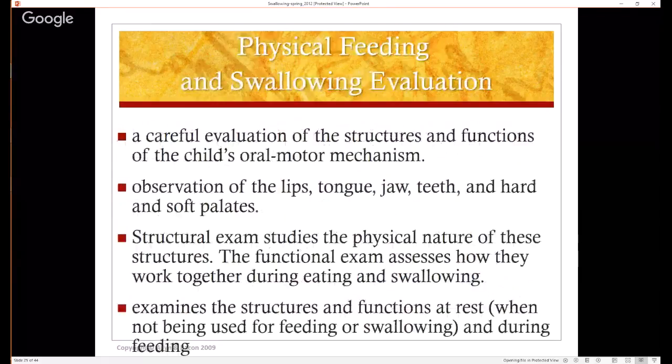So an observation of the lips, tongue, jaw, teeth, and hard and soft palates will occur. And a structural exam is going to study the physical nature of these structures and will also assess how they work together during eating and swallowing. The structures and functions at rest will be examined, and also during feeding.